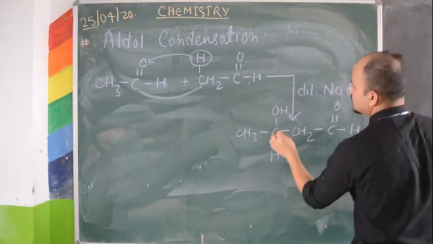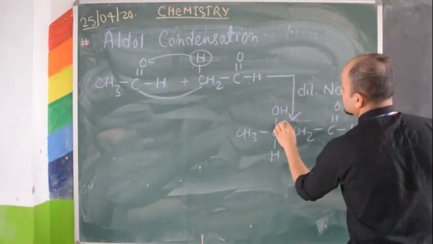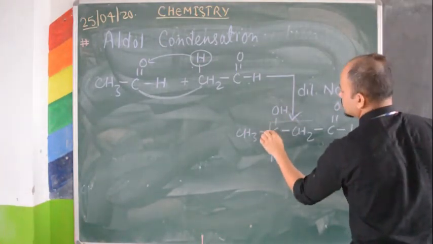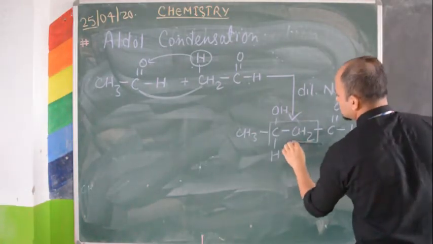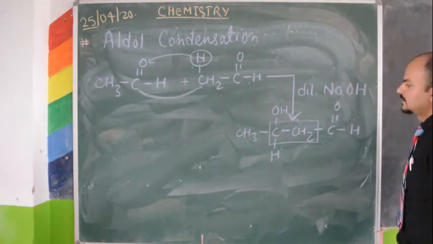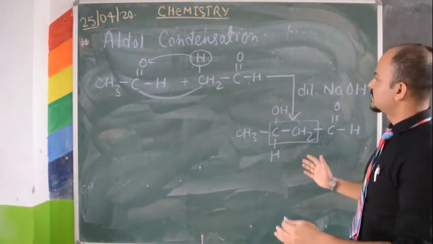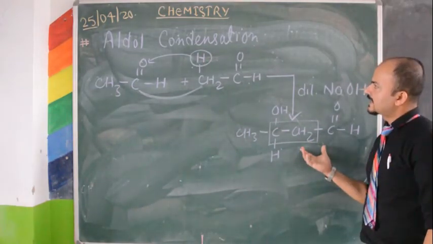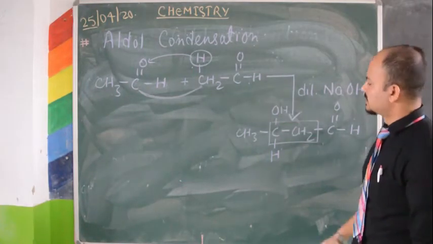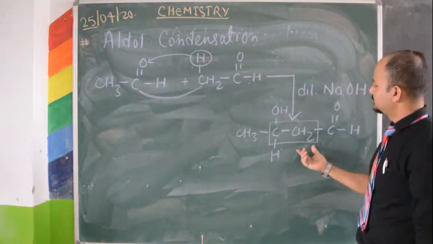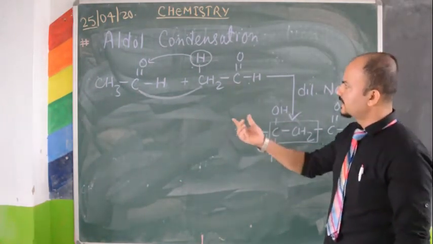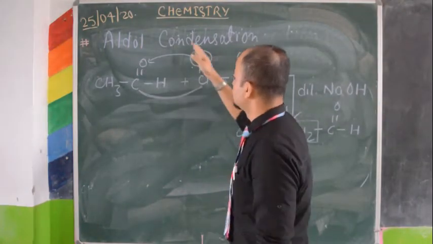This part is very, very important. Please look at this part. Okay? Bonding order here. So this is the product that we get after aldol condensation. And why is it named aldol condensation?